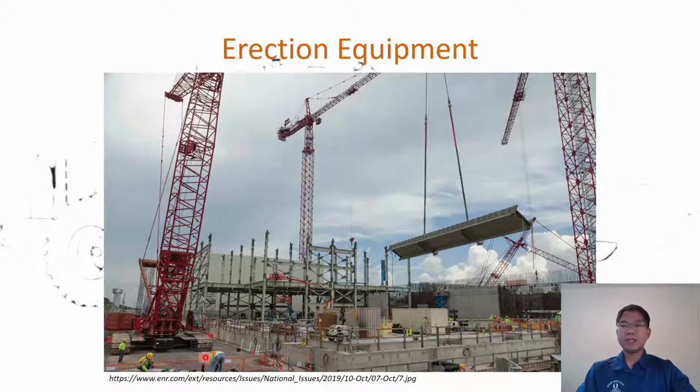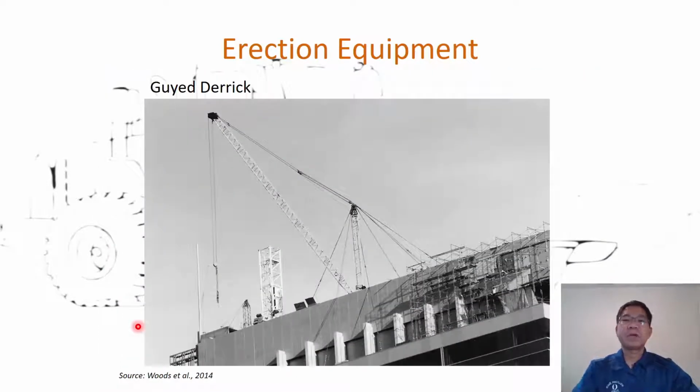In this case, a trailer-mounted mobile crane, and you can see the chains there, or a tire-mounted mobile crane, or a guy derrick crane fixed on the top of the building under construction that lifts the steel members going up.